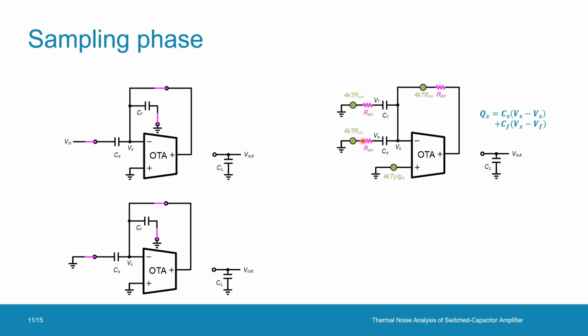The OTA input referred noise is 4kT gamma over GM. So really the goal is to calculate the total noise charge at node Vx, which is CS (Vx minus Vs) plus CF (Vx minus Vf). Please be very careful that the total noise charge is not CS Vx plus CF Vx, simply because the capacitor left terminals Vs and Vf are not grounds.